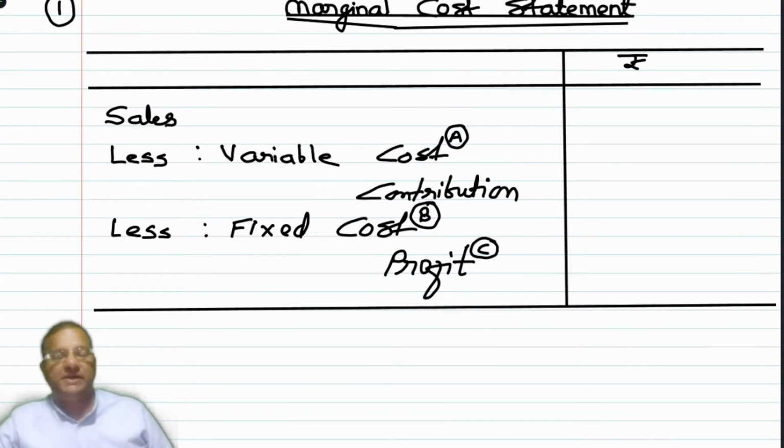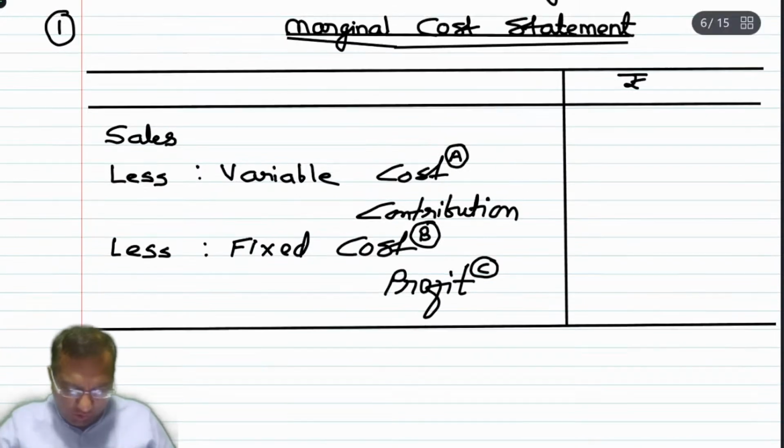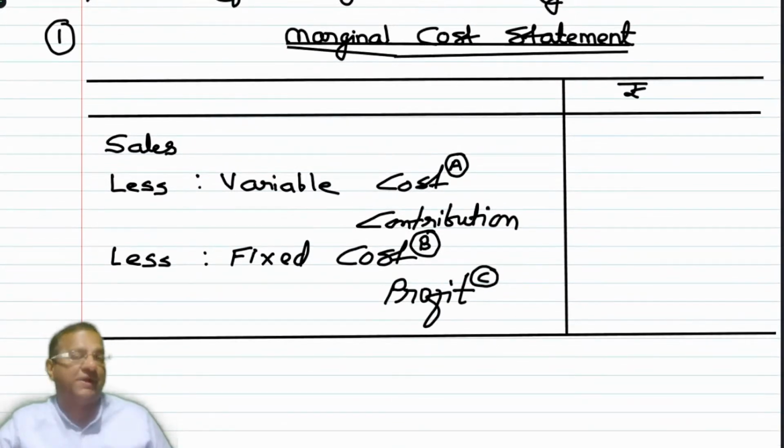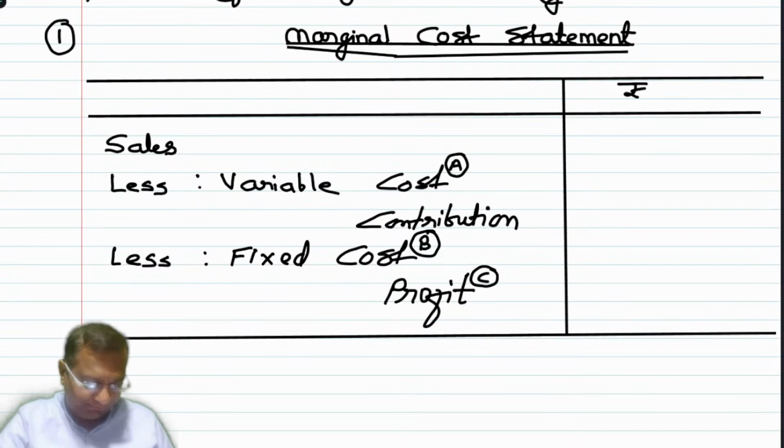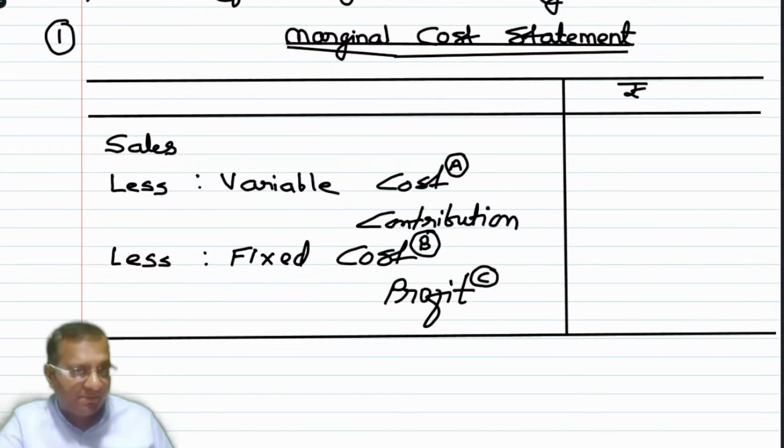Can you please tell me whether variable cost in the marginal cost statement includes the variable selling and distribution overhead? Yes or no?